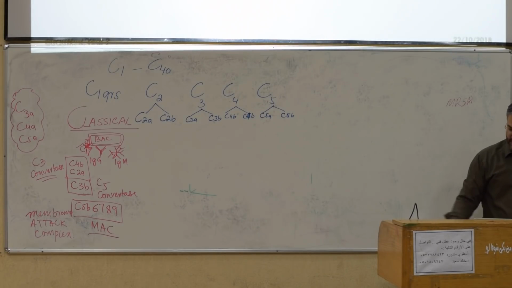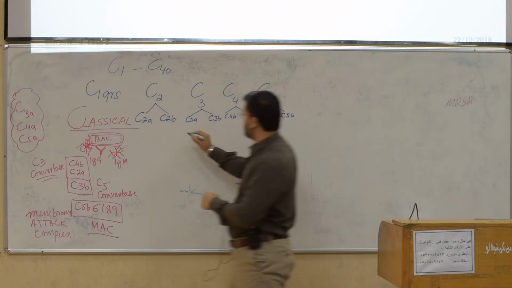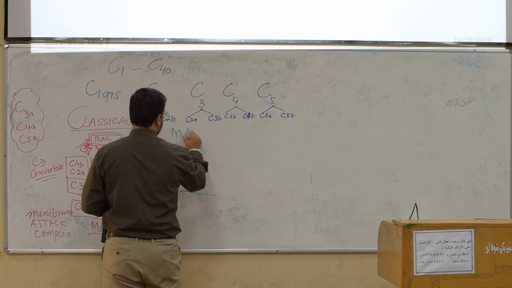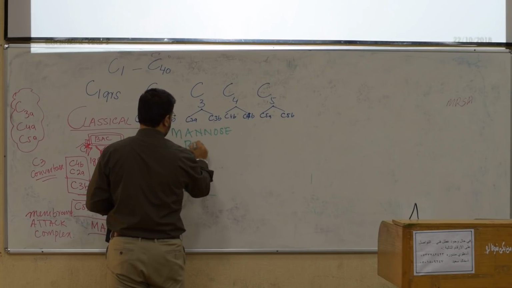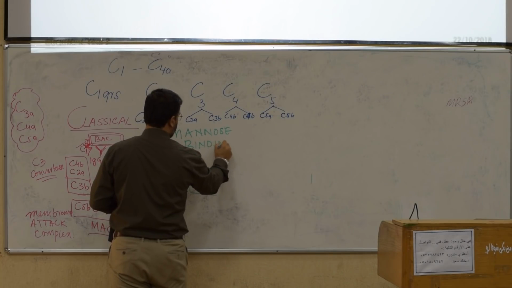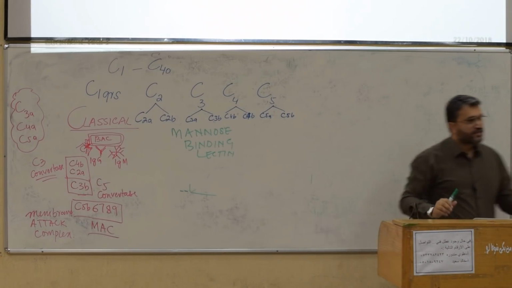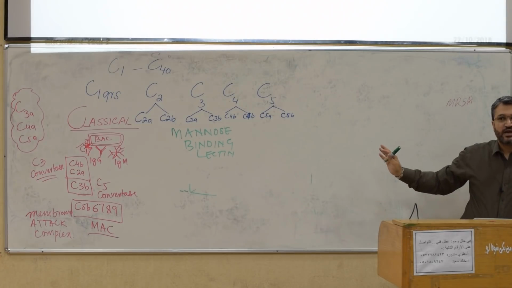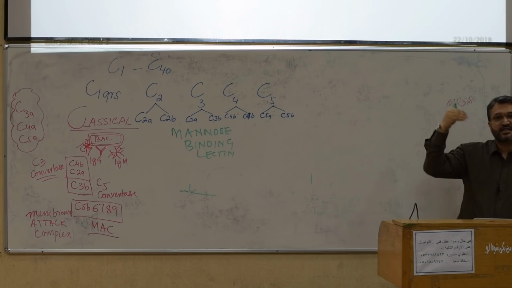Then we come to the second pathway, which is the mannose binding lectin pathway. It's very simple to remember. It's exactly the same as the classical pathway. The only difference is the starting point.